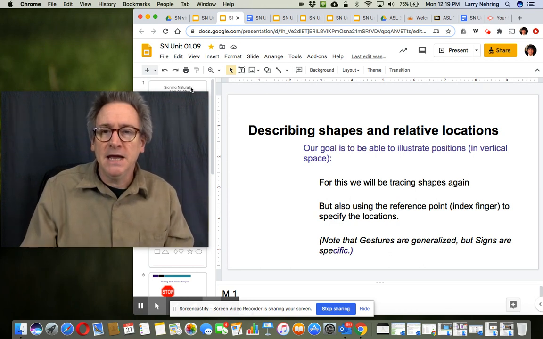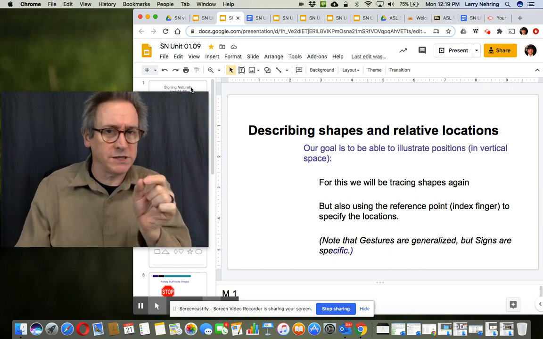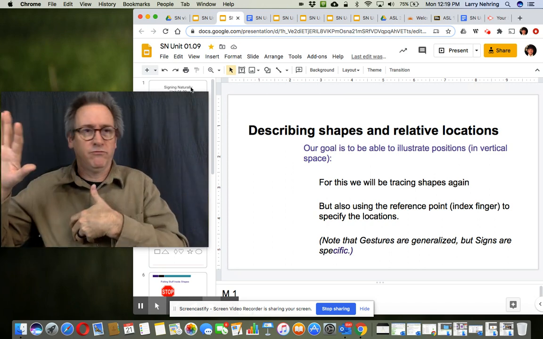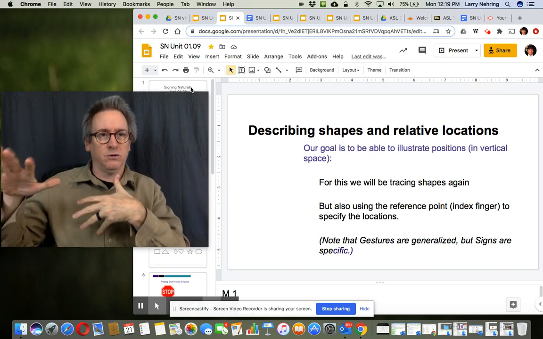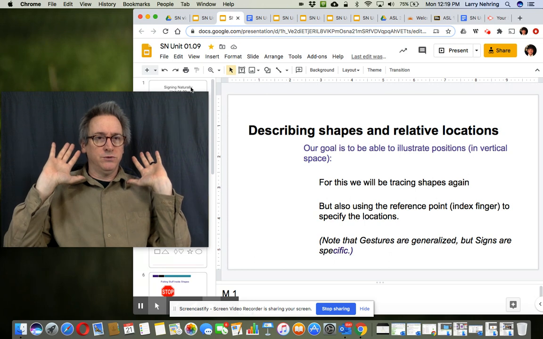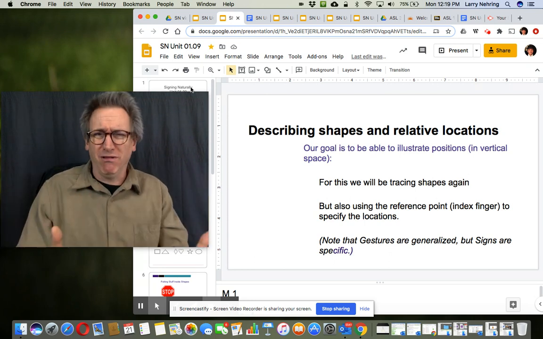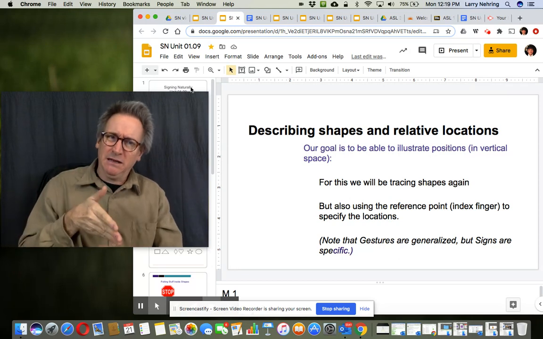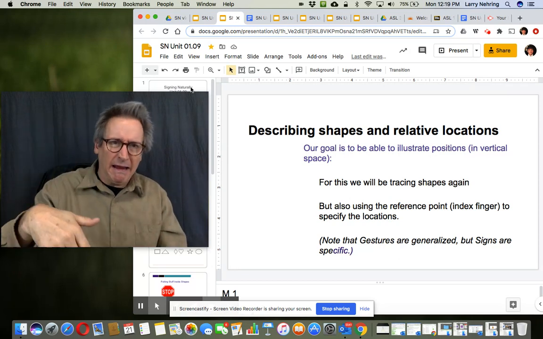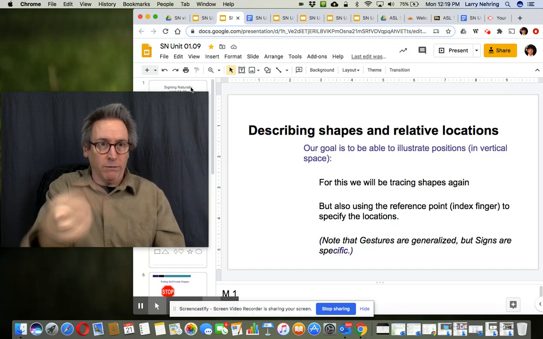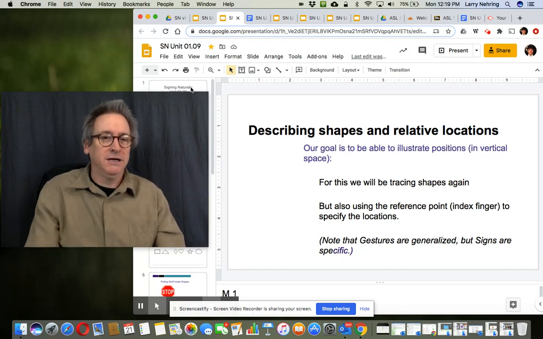And here's where I want you to start noticing that in regular hearing speaking culture, we use gestures to supplement our words. They're general. They don't really have a specific meaning. Come here, go away. It's not like, boom, come right here.